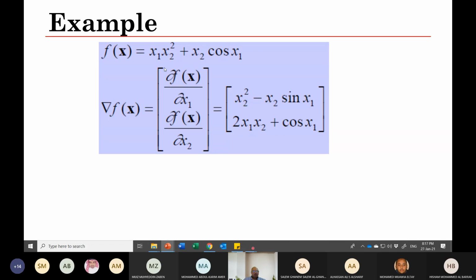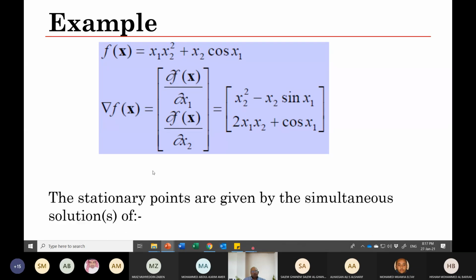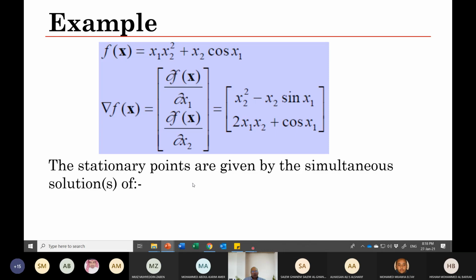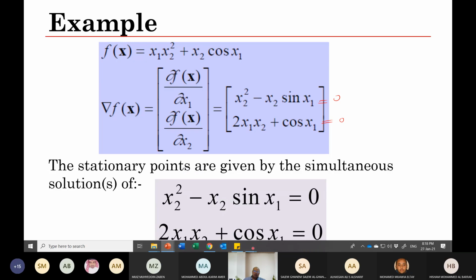And the derivative with respect to x2 is 2 x1 x2 plus cosine x1, where cosine x1 is a constant and the derivative of x2 is 1. So these are the gradient vector. The stationary points are given by the simultaneous solution of this part equal to 0 and this part equal to 0. If you solve these two equations, you will get the stationary points.